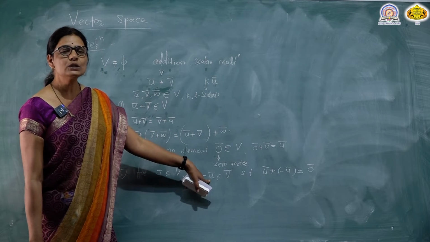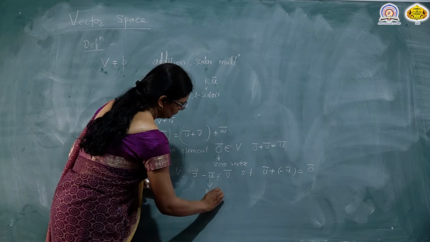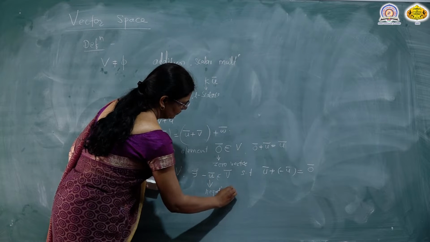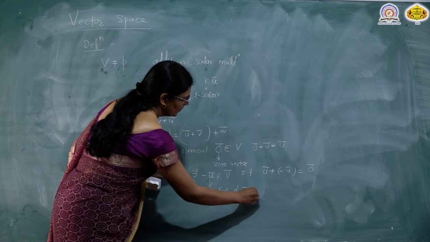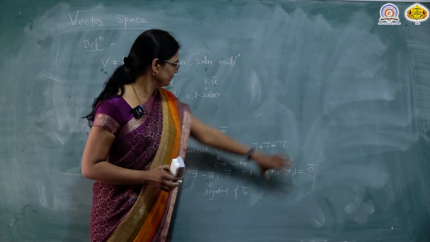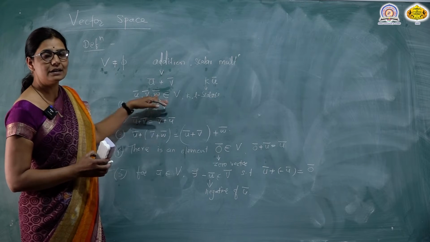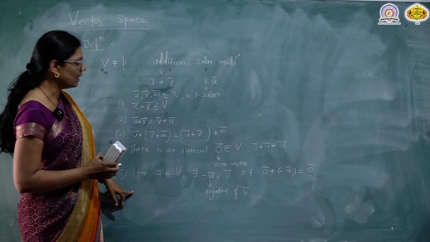Here minus u bar is called the negative of u bar. Actually, these two elements are negatives of each other. This is the fifth property. Observe all these first five properties are related to vector addition.